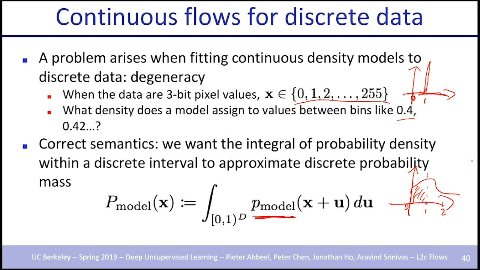What we actually care about is a probability model with capital P, since right now we are worrying about discrete values. So X can take a value of 0 to 255, but not one in the middle. This is the real model that I care about, and it is defined by how much probability mass falls under that unit cube.